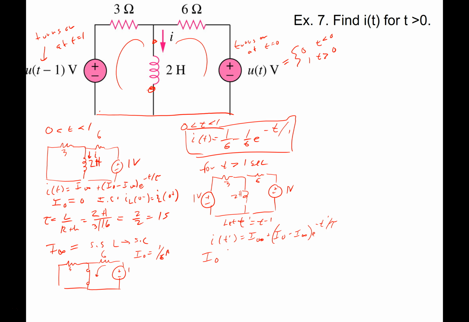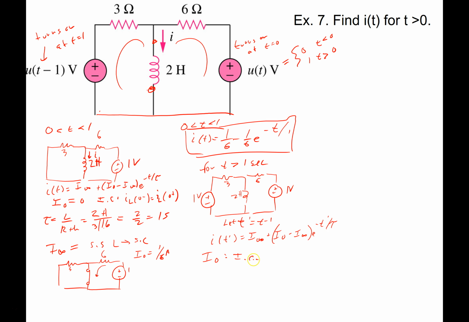And in this case, our I0 is the initial condition. But we're not in the steady state at this point, right? We're actually in the middle of this exponential curve from the first solution, right?